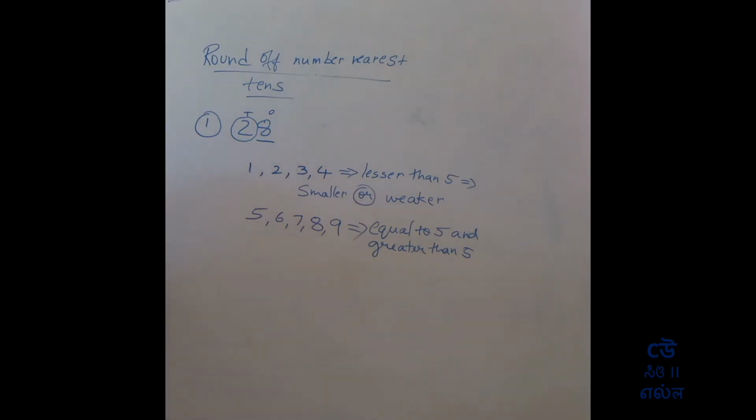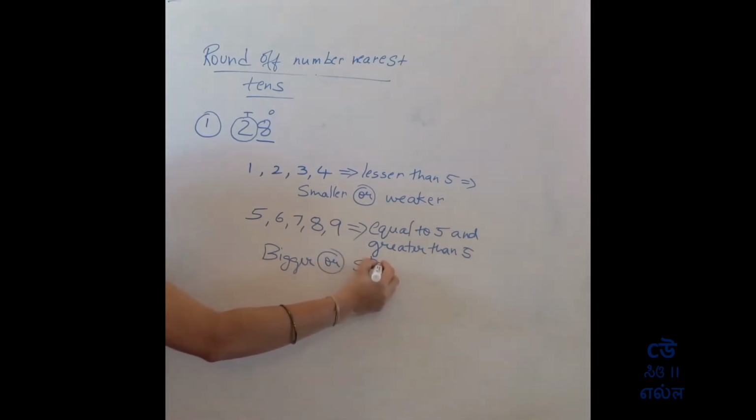So these numbers are bigger numbers. We called it as bigger numbers, or also we called as strong numbers. Understood?